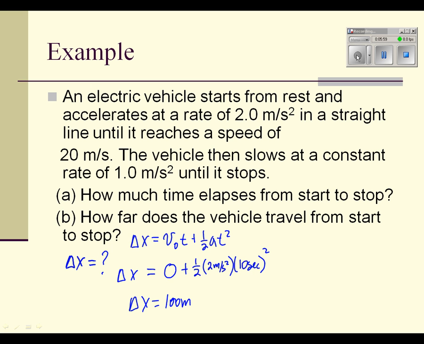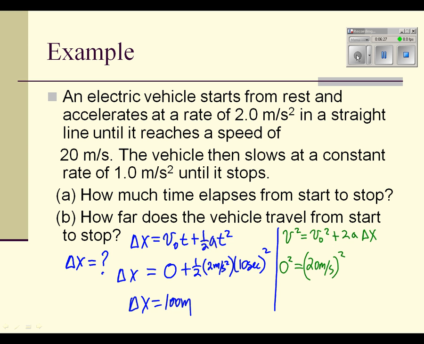So now we go to the second part here, and we can use the equation. We could have used the delta x one again. Let's just try this one. V squared equals vo squared plus 2a delta x. Our final velocity actually is 0, so that's good. Our initial velocity we know is 20 meters per second for this part.